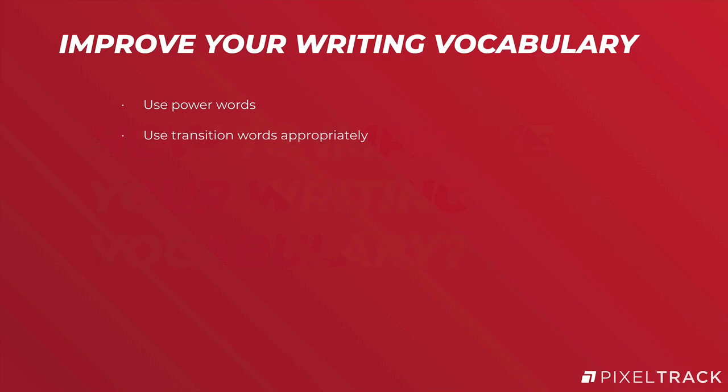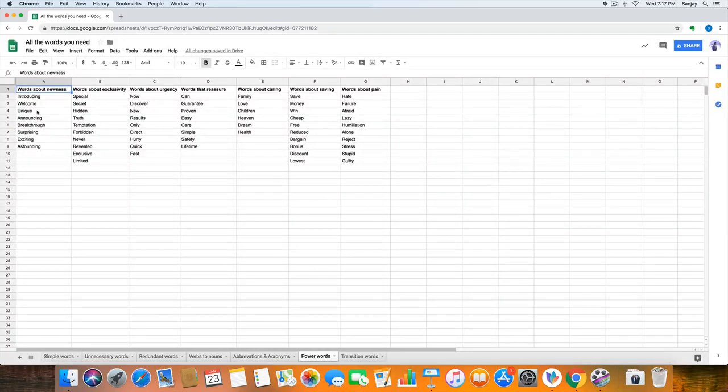For this, I think I should get back into the sheet and show you what I mean by transition words. Let me quickly jump into the sheet. These are the power words that I was talking about. If you're talking about something new, you can say introducing, welcome, unique, and so on. Then exclusivity, urgency, reassurance, caring, saving, pain. These are the different emotions you can evoke, and depending on what emotion you're trying to evoke, you can use these words.